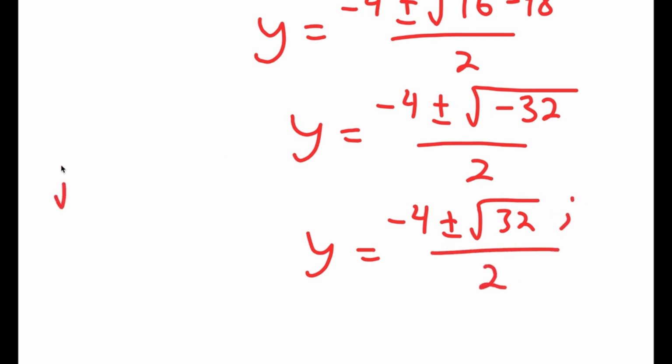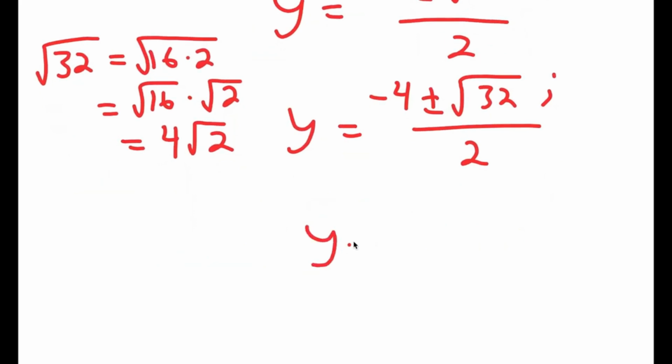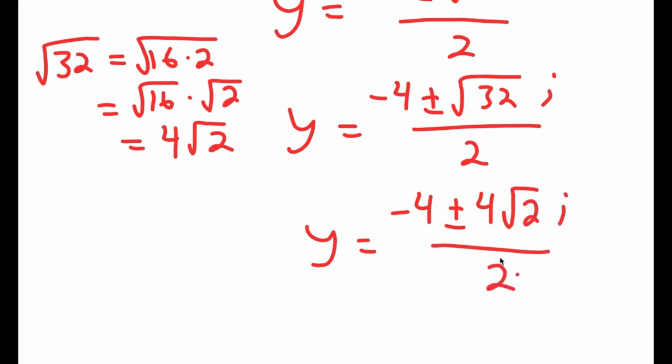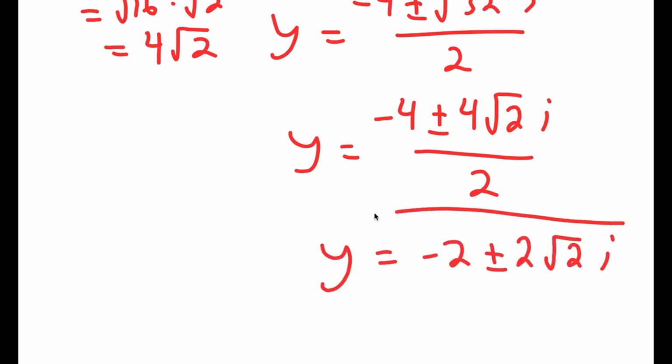And the square root of 32 can be simplified to the square root of 16 times 2, which is the square root of 16 times the square root of 2, which is equal to 4 root 2. So this is going to equal negative 4 plus or minus 4 root 2 i, over 2. And if I divide both of these terms by 2, I get negative 2 plus or minus 2 root 2 i.